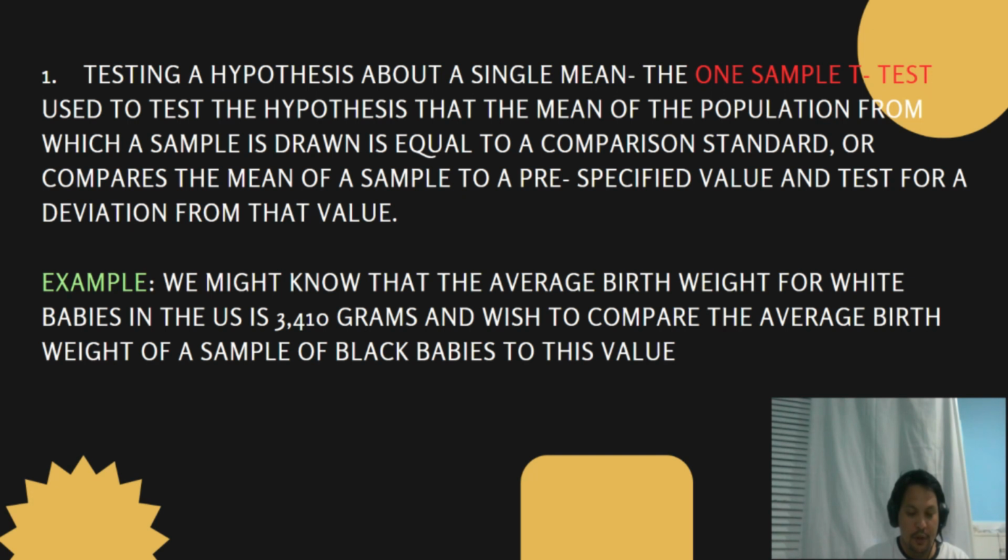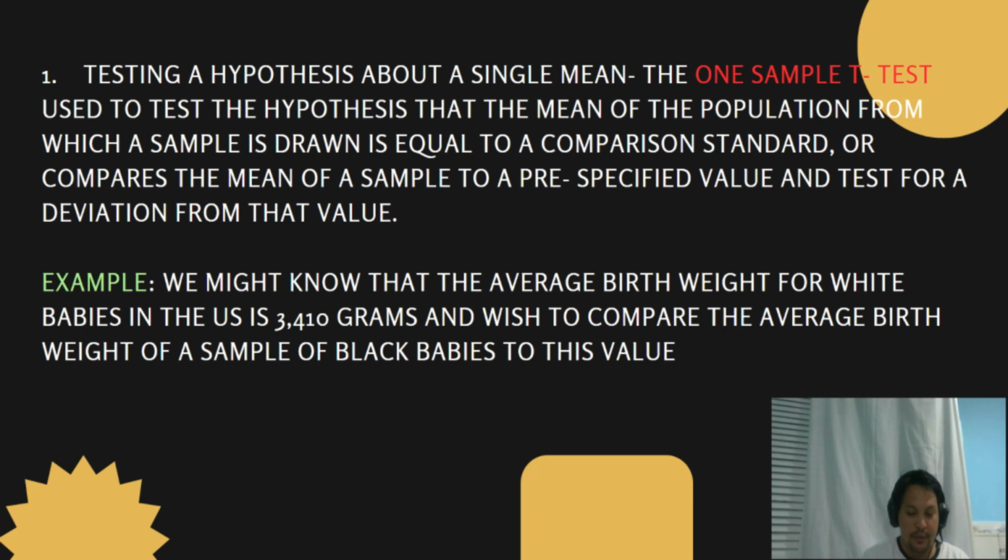The one sample t-test is used to test the hypothesis that the mean of the population from which a sample is drawn is equal to a comparison standard, or compares the mean of a sample to a pre-specified value and tests for a deviation from that value.